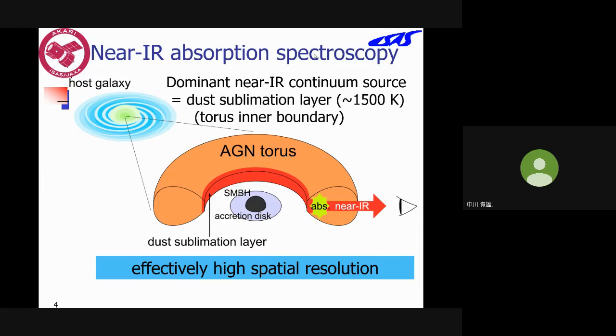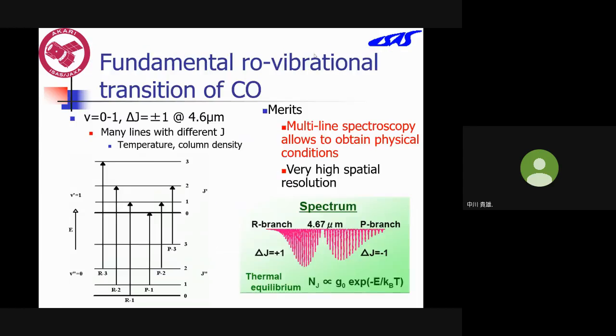Then if we can use this inner edge as a continuum source, we could observe the molecular torus in absorption. And if the emission from the inner edge of the torus is dominant, the effective spatial resolution is really high.